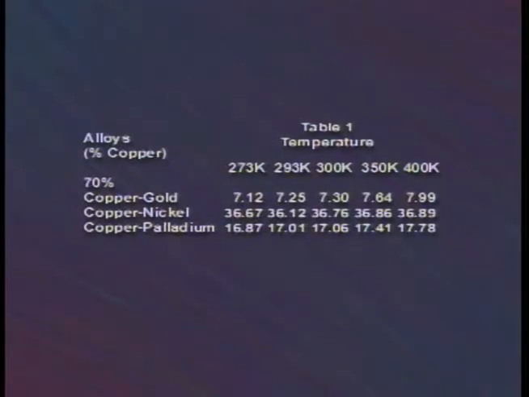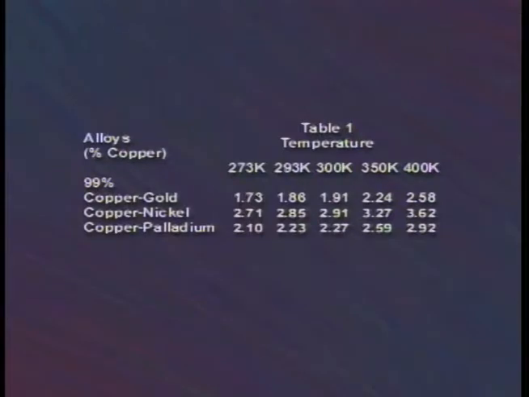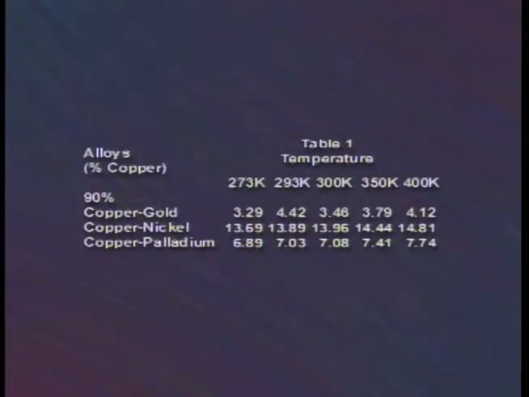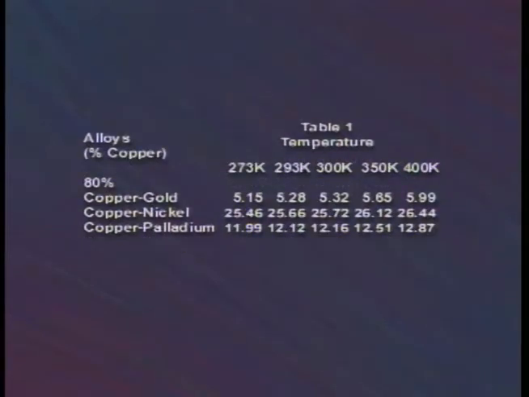Could the unknown alloy be nickel? The values for nickel range from 2.71 all the way to 36.89. Some of these values are no lower than 9.00. Thus, the unknown alloy could be nickel as long as it's nickel with no more than 90% copper. So Roman numeral 2 works.